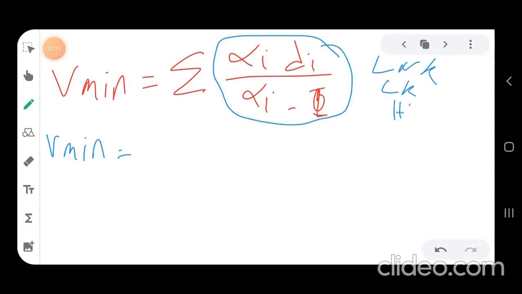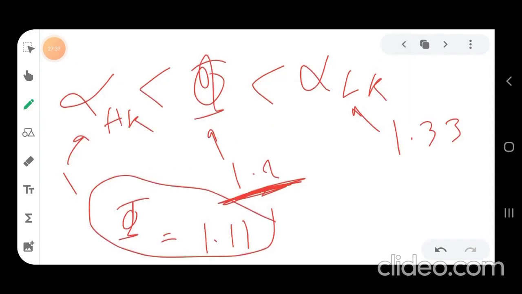The first thing is alpha for the light non-key, which is 5.33, multiplied by di. What's di? It was 15. And how do we know that? From material balance, so you can now appreciate how the material balance we did before helps us at this stage. Over alpha i, which is again 5.33, minus eta, which we determined already as 1.11.